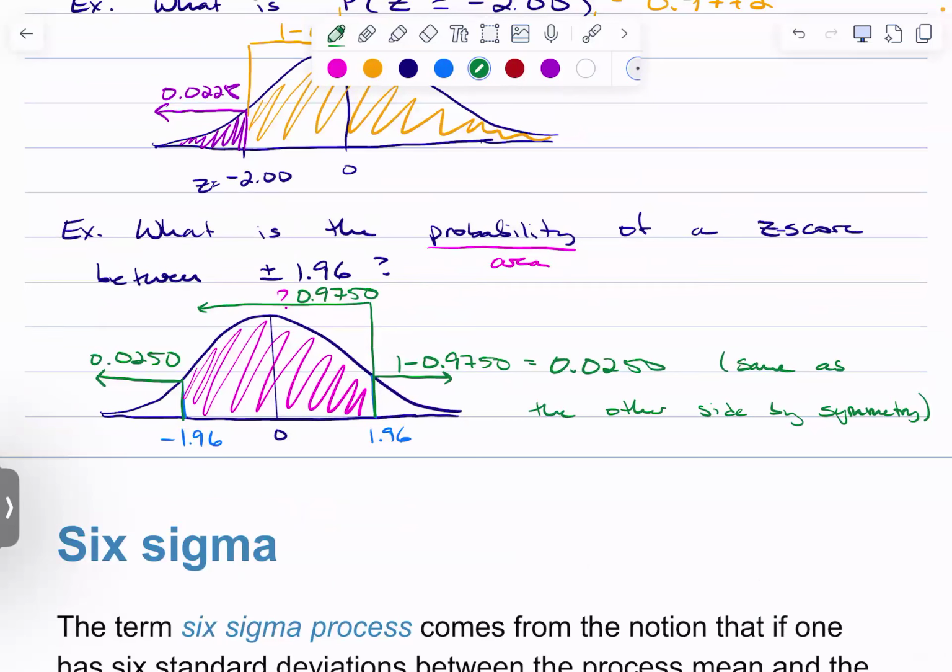So whether you take the total area of 1 and take off those sides that you don't want, or you take the area to the left of the top one and lop off the area you don't want, either way, this probability is 0.95.